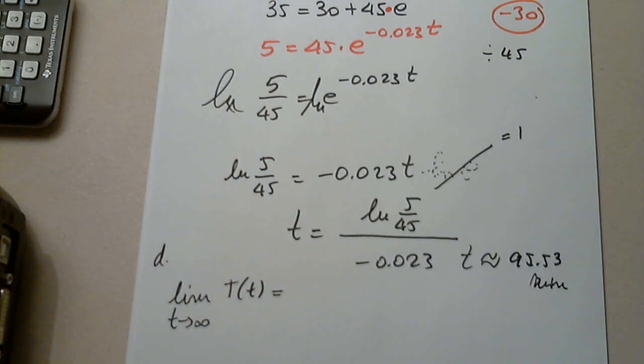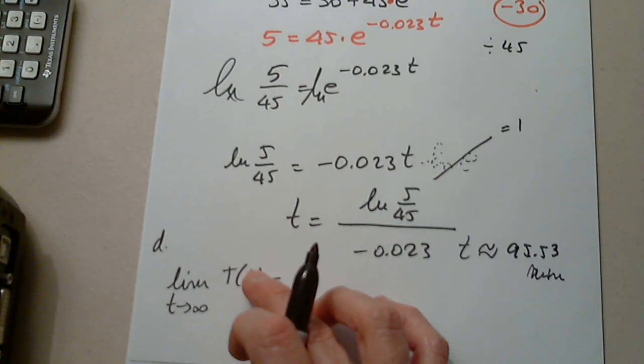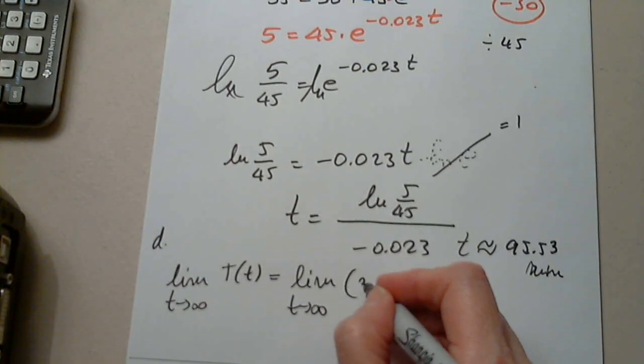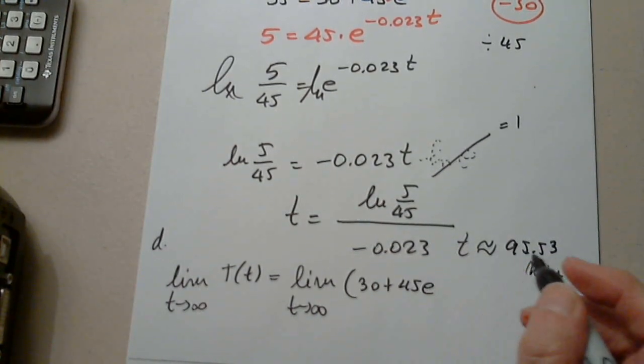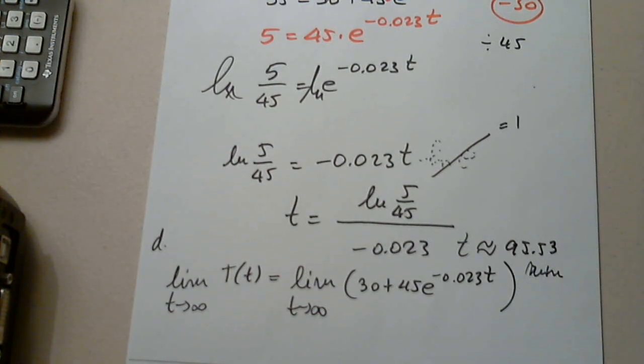And explain what this number represents. So I'm going to write the limit. I'm going to replace T of t in here. So I have limit as t approaches infinity from 30 plus 45 e to negative 0.023 t. And we want to talk about this.